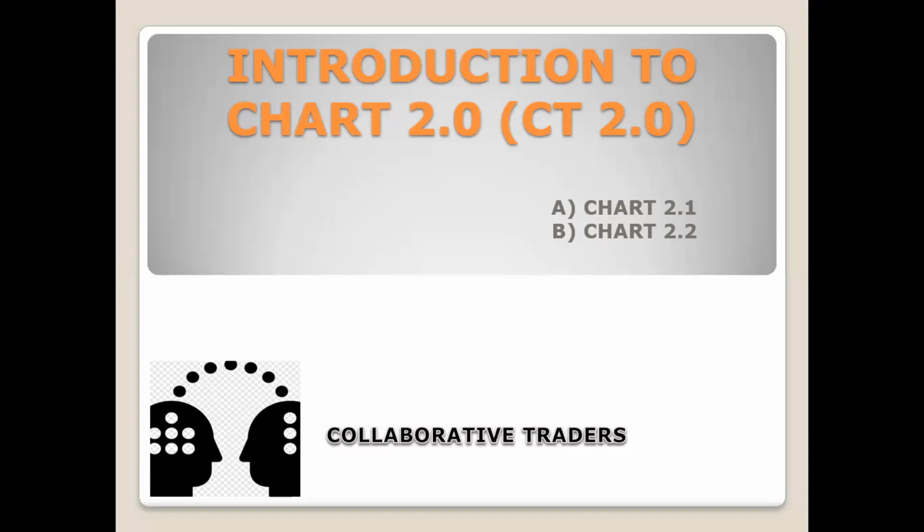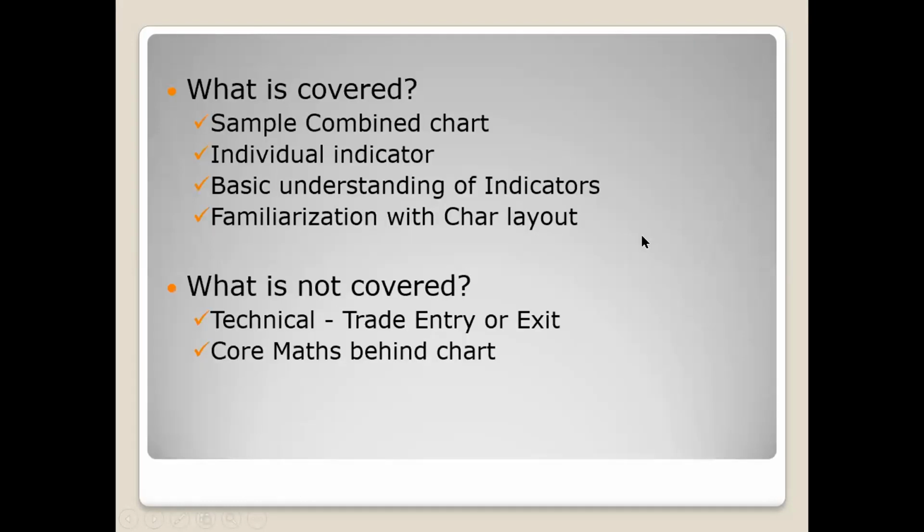So basically I'm going to cover chart 2.0. In chart 2.0 we can see there are two subcharts we are going to cover, which are 2.1 and 2.2. So what am I covering here and what am I not covering here?